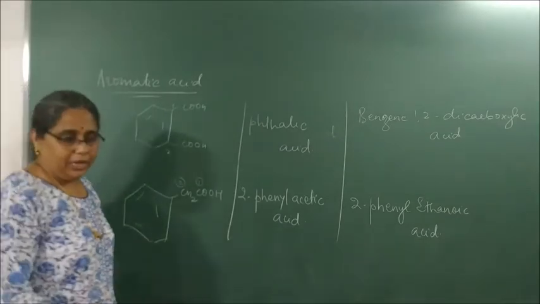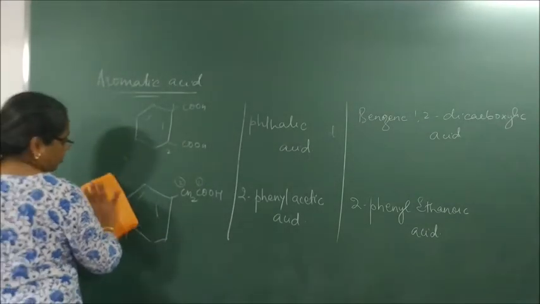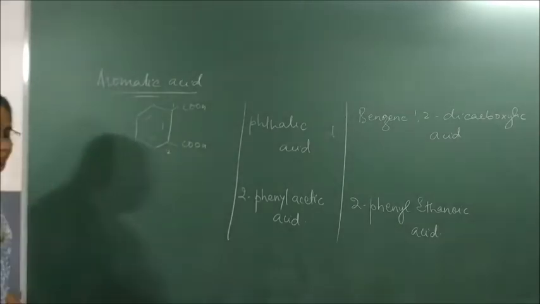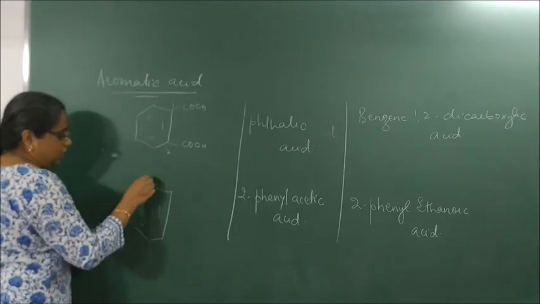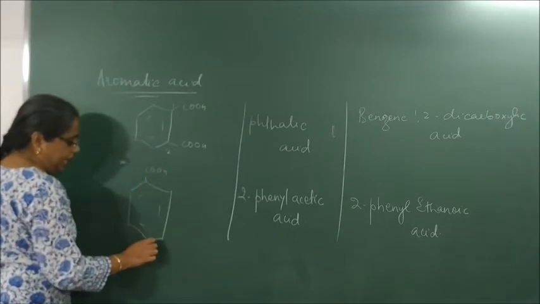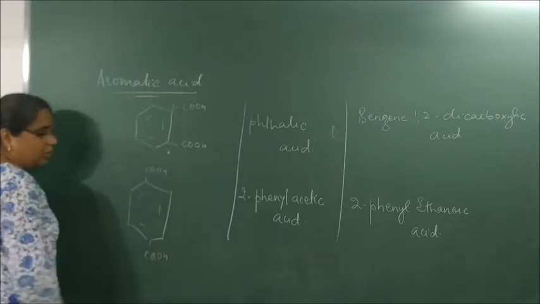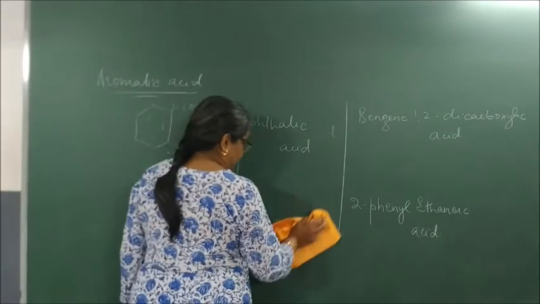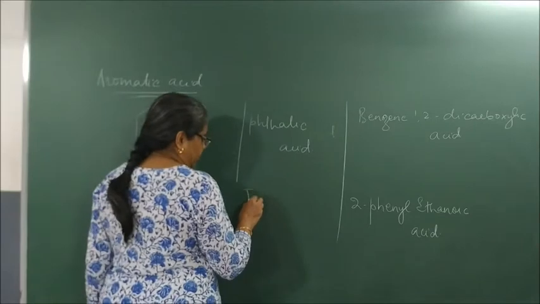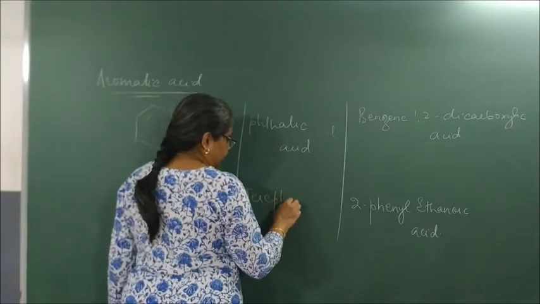So if I make the same acid with COOH groups at the terminal positions, like COOH and COOH, this is called as what acid? Terephthalic acid. This we studied in polymer.